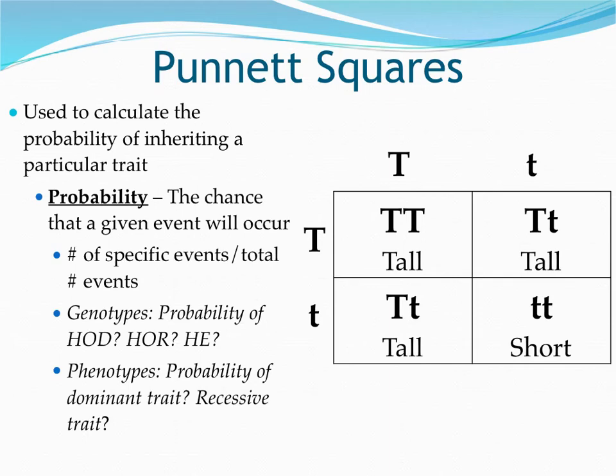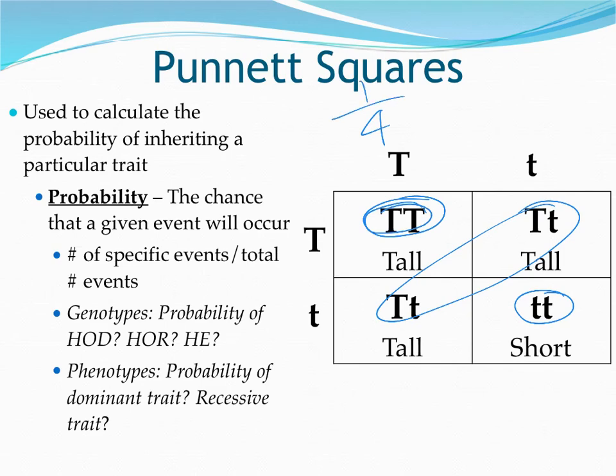In this case, what would be the probability of getting a homozygous dominant? Well, if we have 1 homozygous dominant and 2 heterozygotes and 1 homozygous recessive, the total number of outcomes is 4. So if we're only getting 1 homozygous dominant out of these 4, the probability of getting homozygous dominant is 1 out of 4, or 25%, or 0.25. You could express it any of these ways.